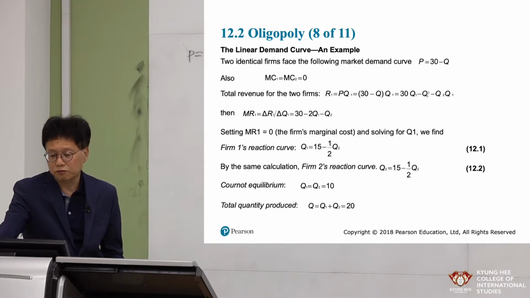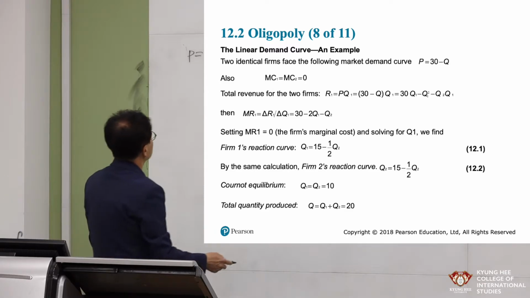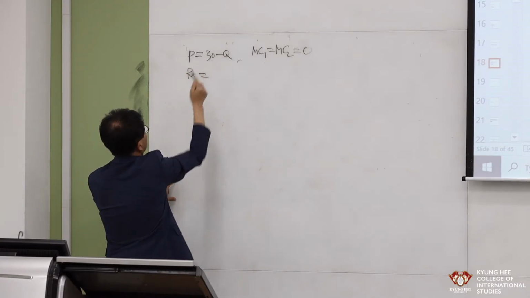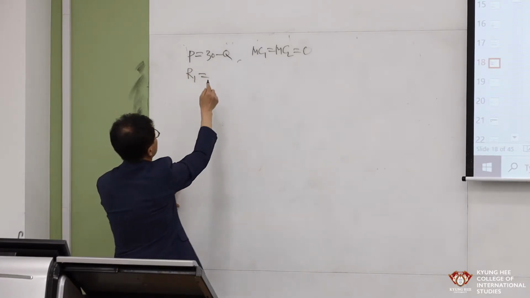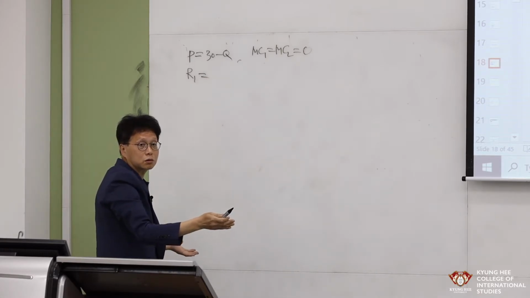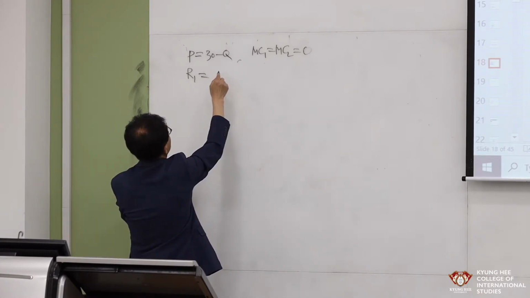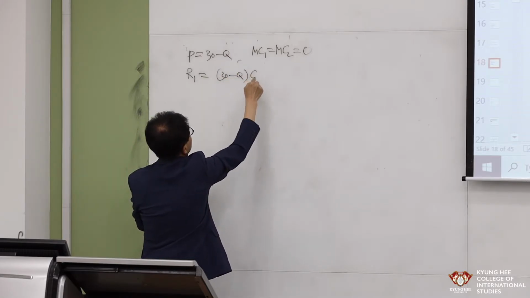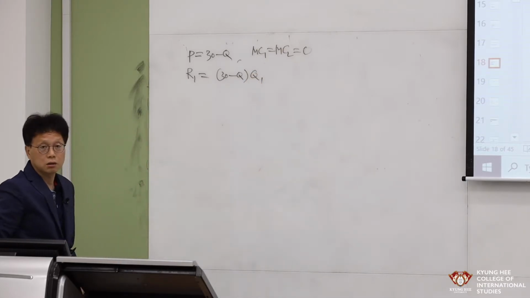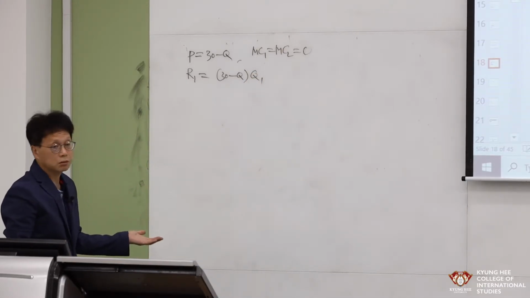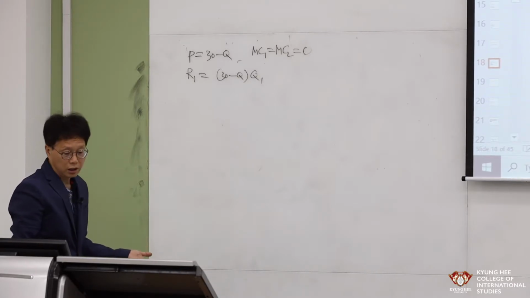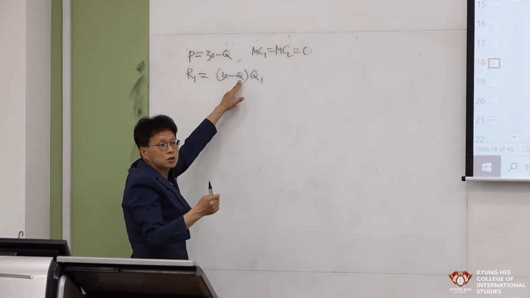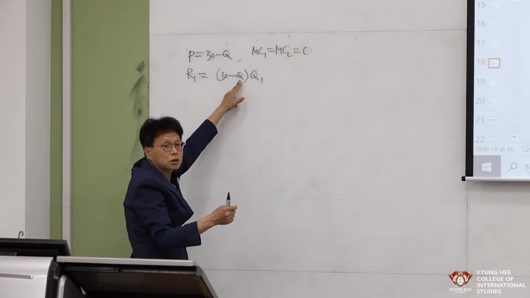Then total revenue for the two firms is like this, right? Total revenue of firm 1 is price multiplied by Q, right? Total revenue is price, 30 minus Q, multiplied by Q1. And this Q consists of production by firm 1 plus production by firm 2.